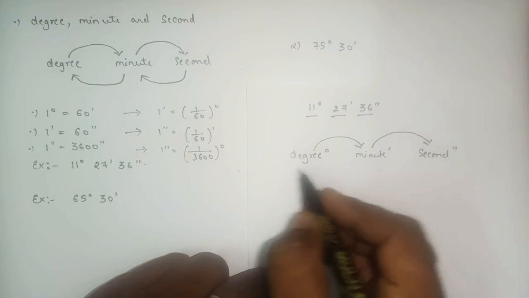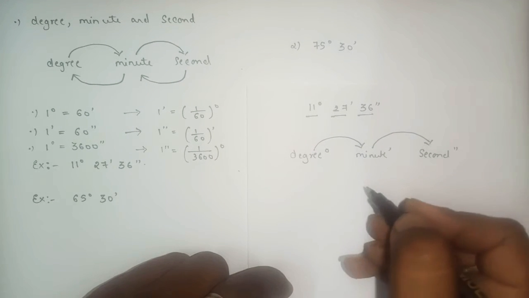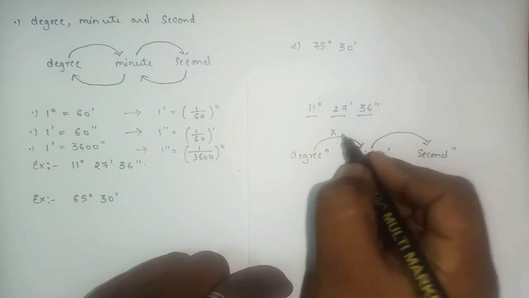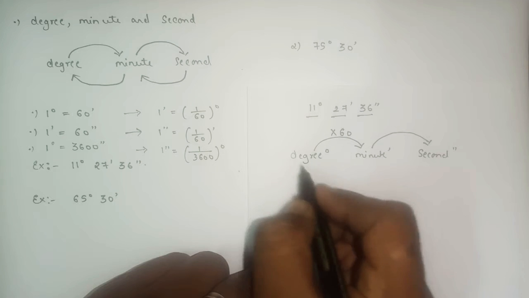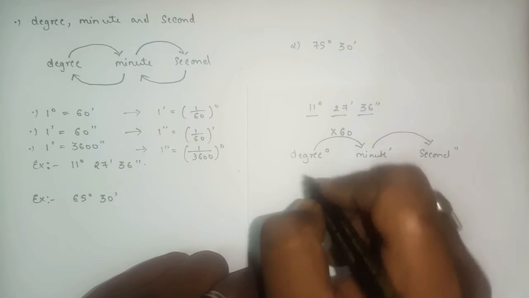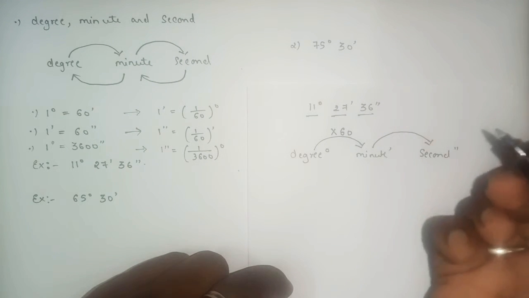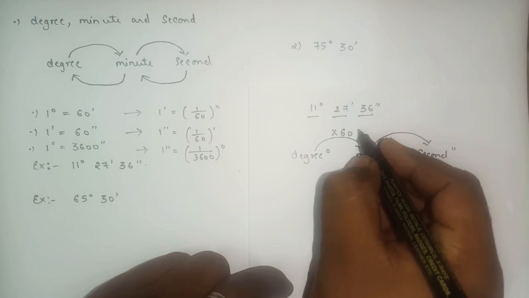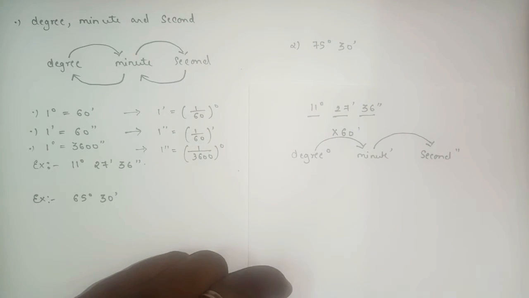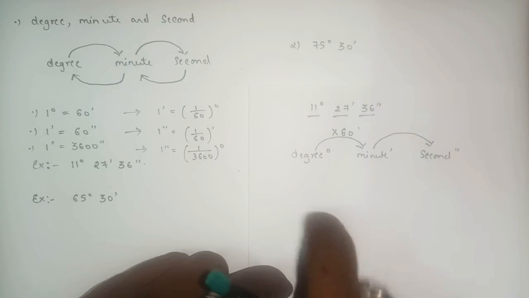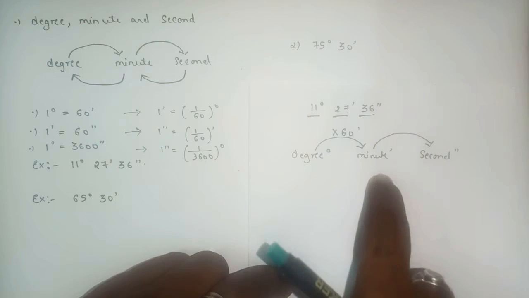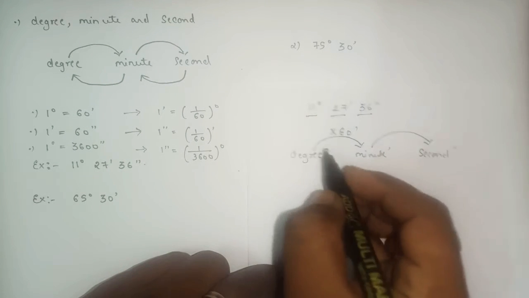To convert a given degree into minute, simply multiply that number by 60. Whatever the answer you have in degree, multiply that number by 60 and it will get converted into minute. As we saw the conversion of degree to radian and radian to degree, in the same way to convert degree into minute you multiply by 60.